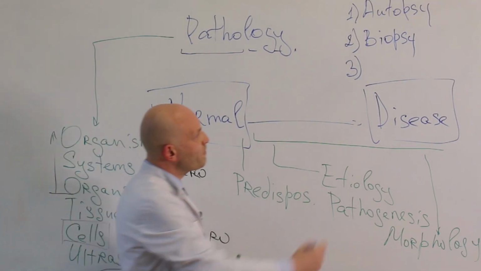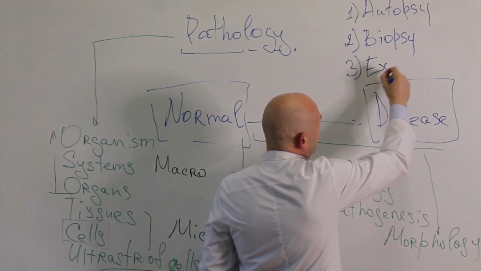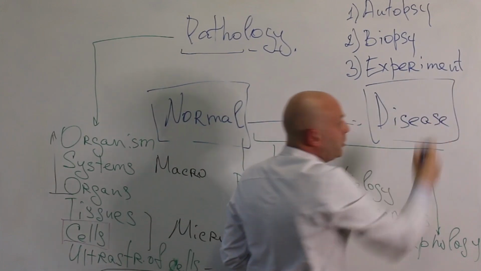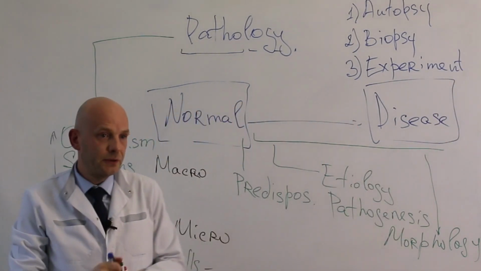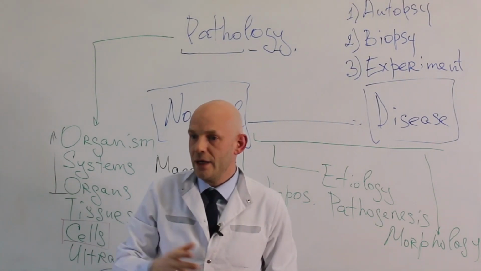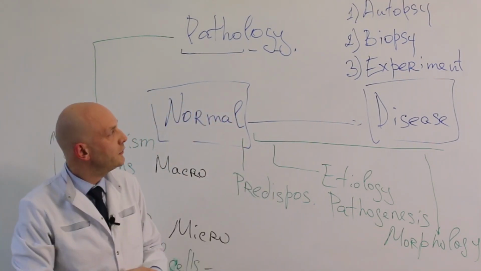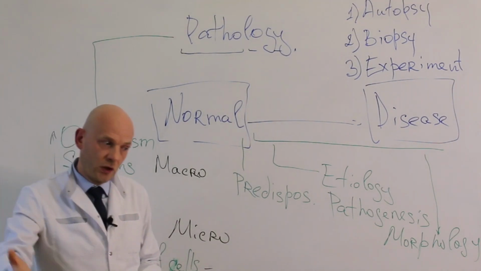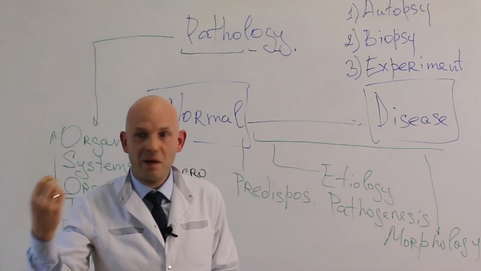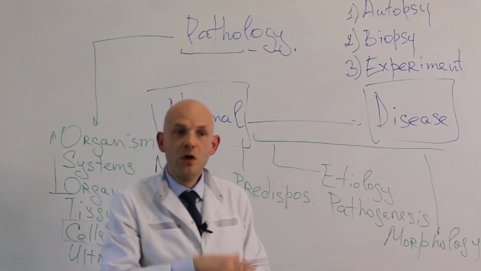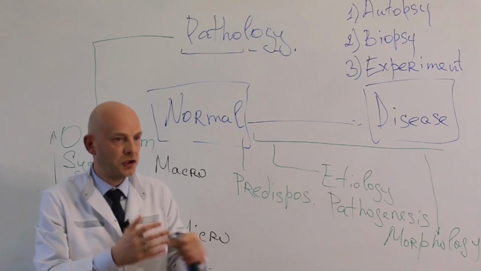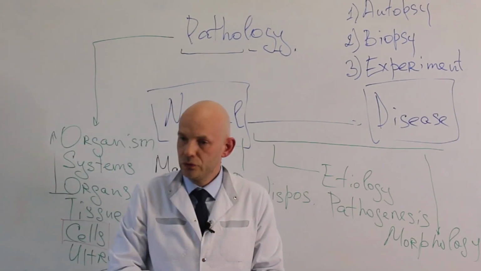And the third method is a special method, really, of course, and we are talking about human pathology, but the third method is experiment. Using the laboratory animals, using mice, using rats, some other animals, of course, just to test new drugs, to see some critical pathology, to see new approaches to the treatment, surgery, and so on.